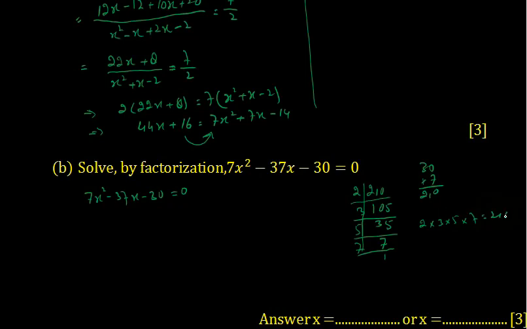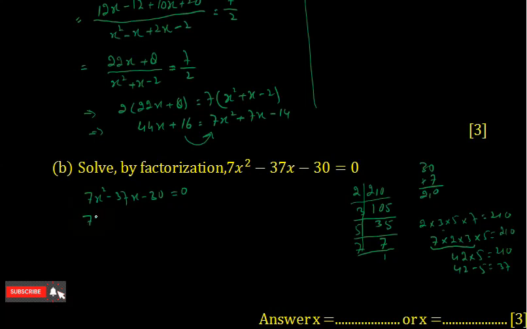The breakup can be done by 7 multiplied by 2 multiplied by 3, which is 42, multiplied by 5 is equal to 210, and 42 minus 5 is equal to 37.